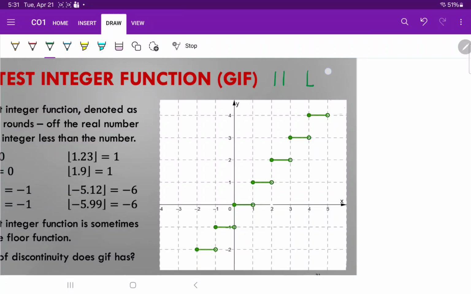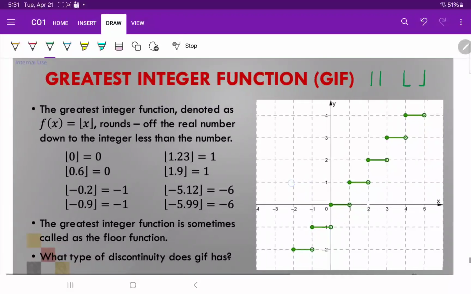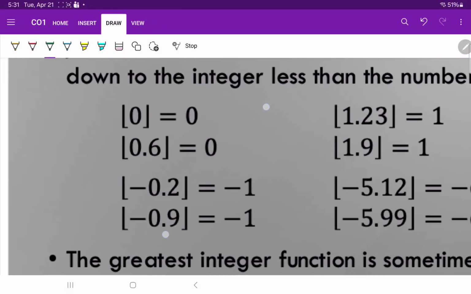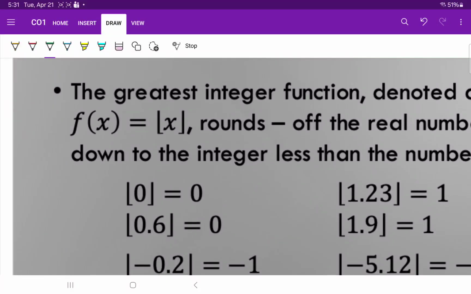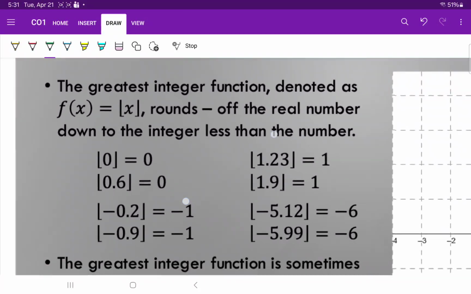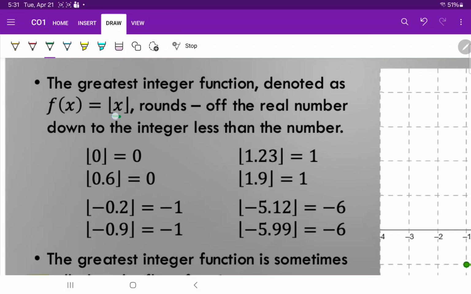Look at this one here. How will you get the greatest integer value? It says that it rounds off the real number down to the integer less than the number.